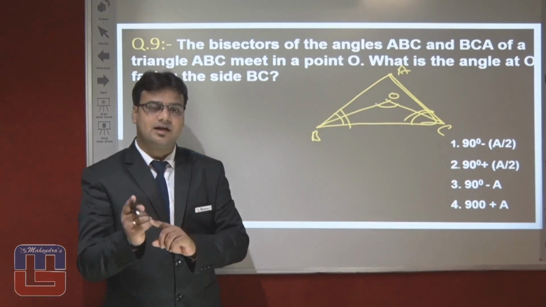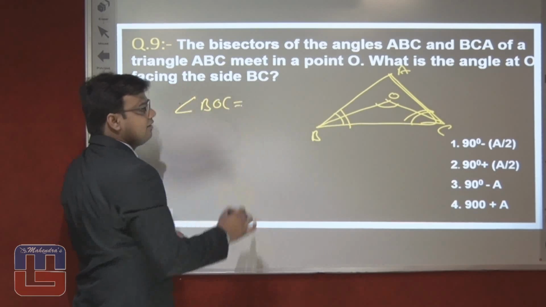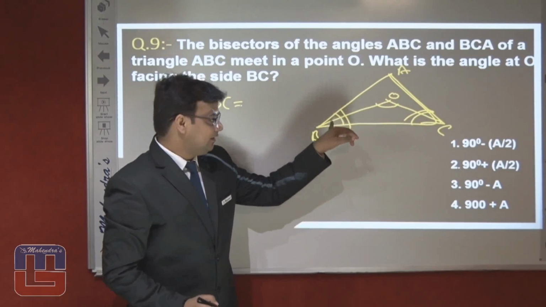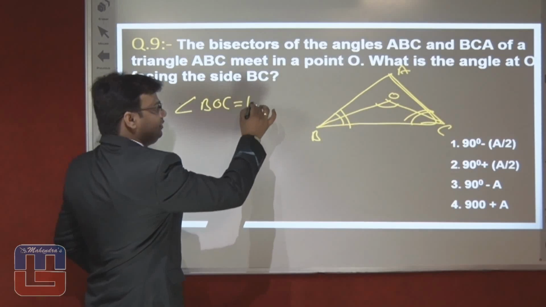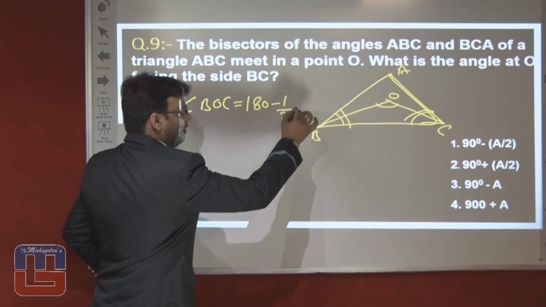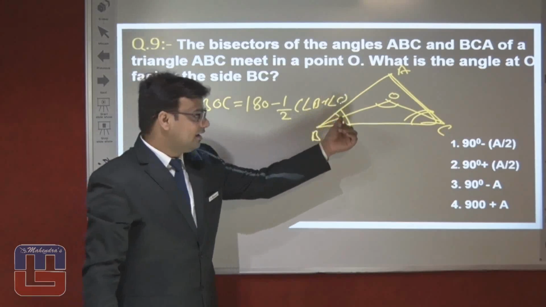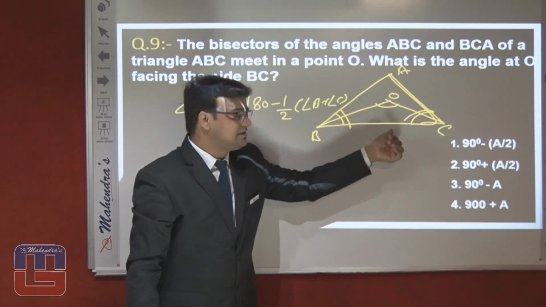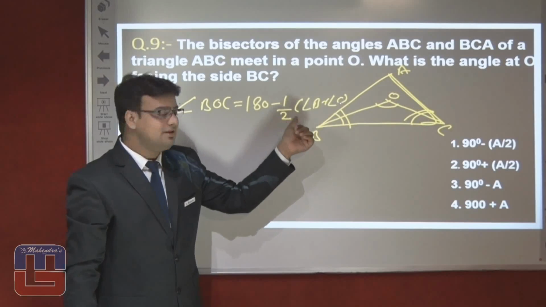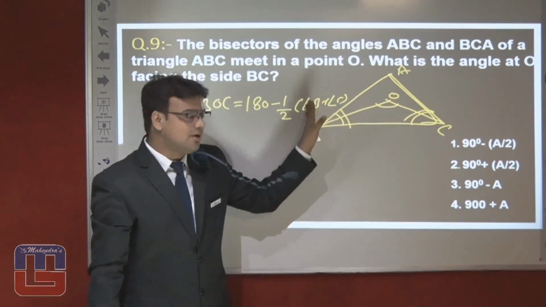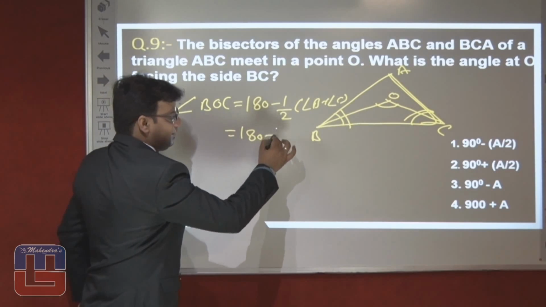Angle BOC is 180 minus angle OBC and angle OCB. Since OB and OC are angle bisectors of angles ABC and BCA, angle BOC is equal to 180 minus half of angle B plus half of angle C, that is, 180 minus 1 by 2 of (B plus C).